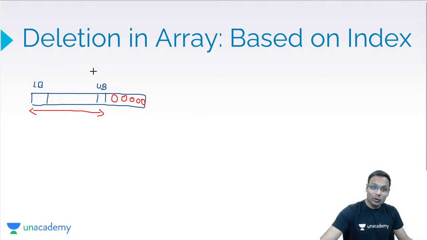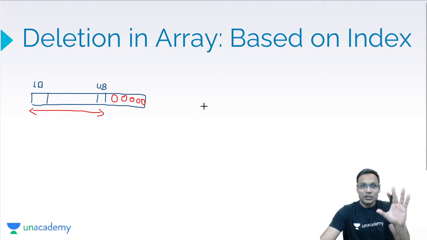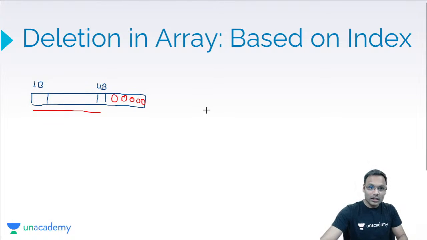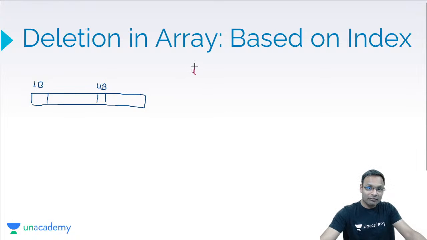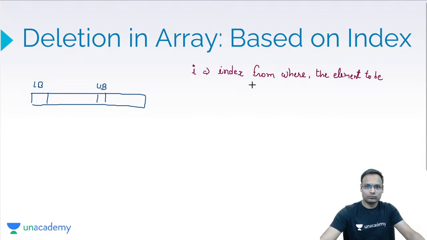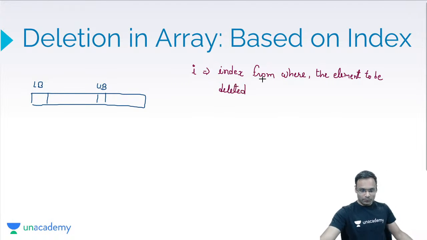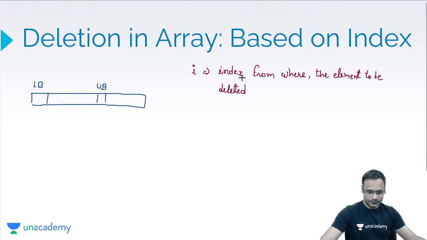We have elements from lower bound to upper bound only, so the deletion should be done between lower bound to upper bound only. So if index based deletion is to happen, I index is given, I index is that index from where the element is to be deleted, then it should be between which to which value?